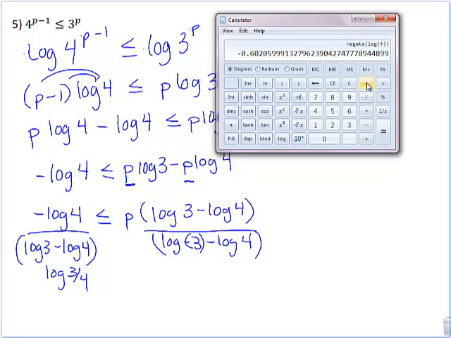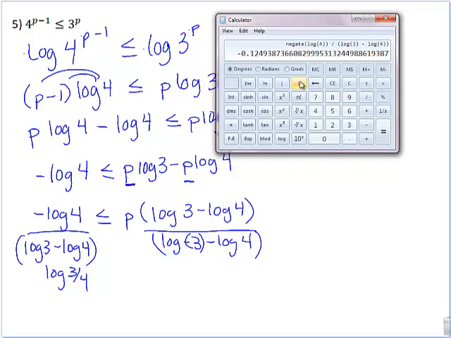So now when we divide, we want to see if we're dividing by a negative. So we will now divide by, in parentheses, the log of 3 minus the log of 4, close your parentheses.